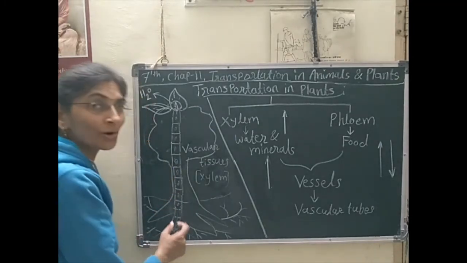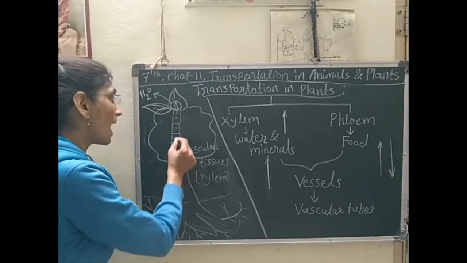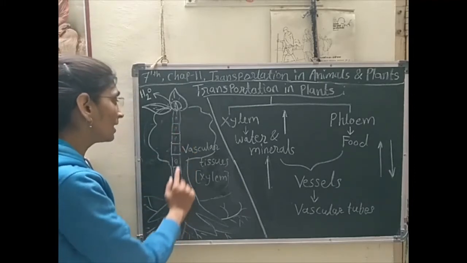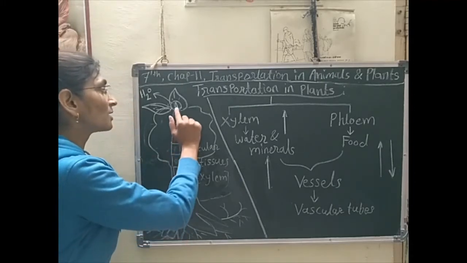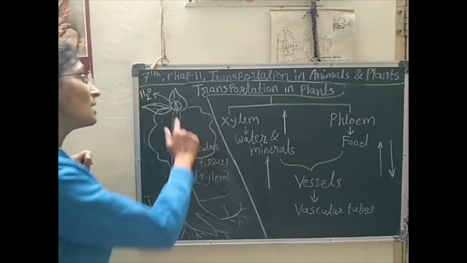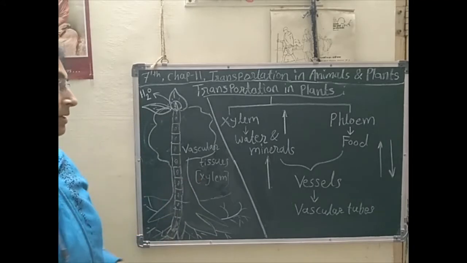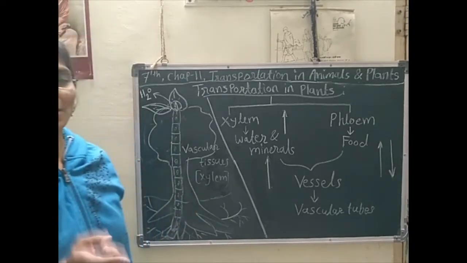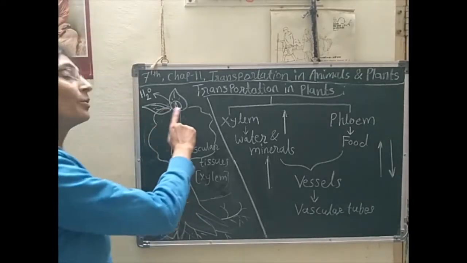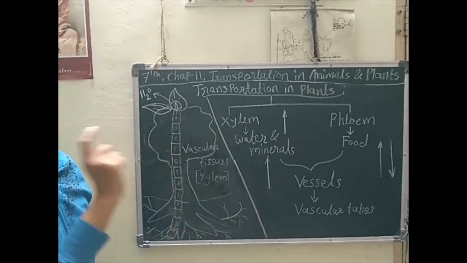Through that cell, water and mineral get absorbed, and this water get transported towards the leaves, and inside the leaves that water is used for the photosynthesis, and due to photosynthesis food is prepared during the daytime.